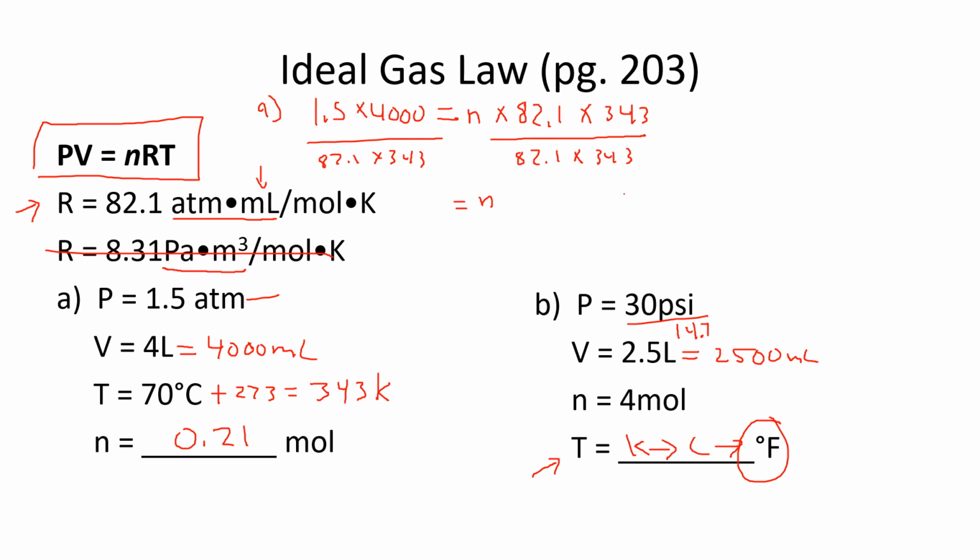All right, let's plug this guy in. So P is 30 divided by 14.7. We're going to multiply that by the volume, which is 2,500. And that is equal to the number of moles, which is 4, times our R value, 82.1, times Kelvin. So I'm going to put a big K here so we remember it's Kelvin.